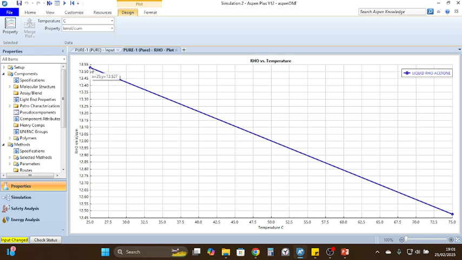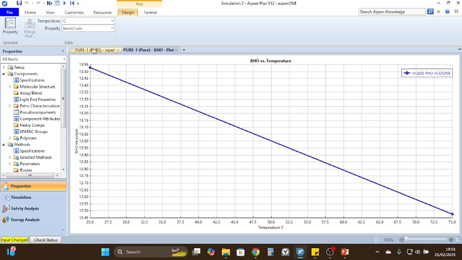So over here, this is the variation of density with respect to temperature. So this is at 25 degrees Celsius. This is the density of acetone, that is 13.527.